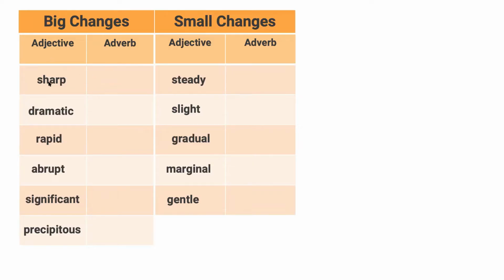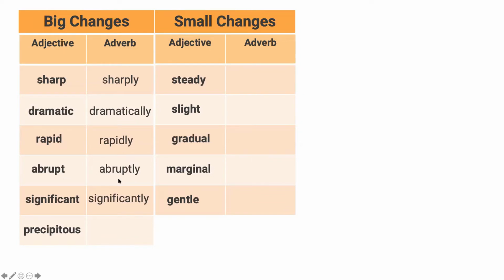So we have our adjective as sharp. The adverb is sharply. Dramatic, dramatically. Rapid, rapidly. Abrupt, abruptly. Significant, significantly. Precipitous, precipitously.